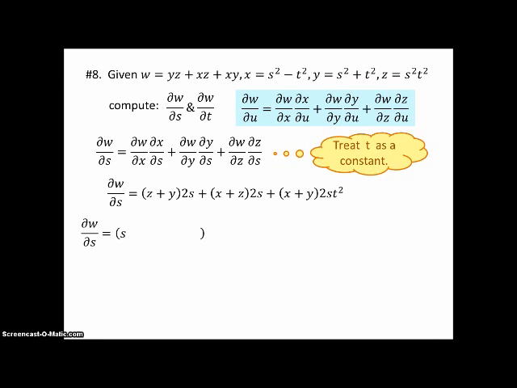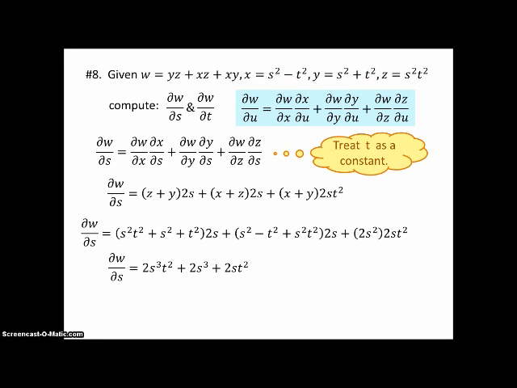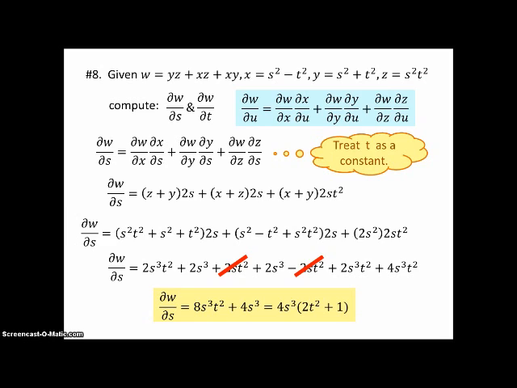Now the fun part, we're going to replace z and y and x with their s and t counterparts. And then we are going to multiply that all out. Algebra is fun. A couple things cancel, and then if we collect like terms, we get our final answer, which you may factor if you wish.